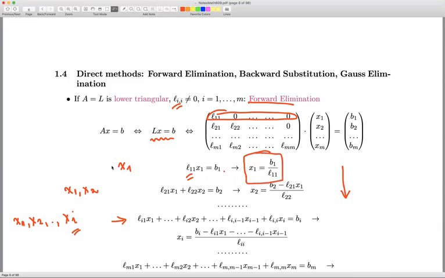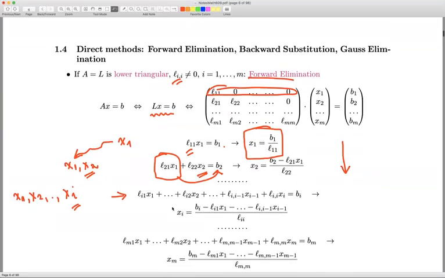Now, since x1 is known, we use it right after we find it in the second equation, and then the second equation will have only one unknown, and this will be the unknown x2. Then this now will be known. This will go on the right hand side, and then we solve for x2. Once we solve for x2, this will be the expression for x2, and so on.